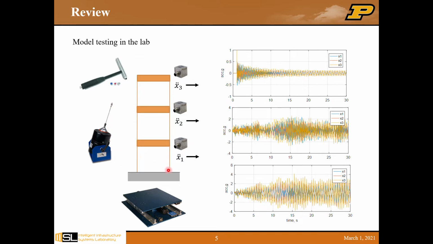And the other device is the shaking table. But the shaking table is usually put at the bottom, the base of the structure, to provide ground motion. Okay, and the figure on the right shows the typical structural response subject to the impact given by the hammer, the shaker test, and also the shaking table test.